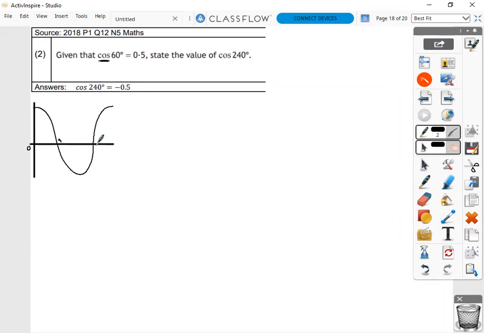I know where cos is positive and I know where cos is negative. When cos x is equal to 0.5, so when we're on the x-axis at 60, about here, the answer is going to be 0.5. You can put that in your calculator: cos 60 equals 0.5. That's where we're sitting on that graph, so that's our coordinate right there.